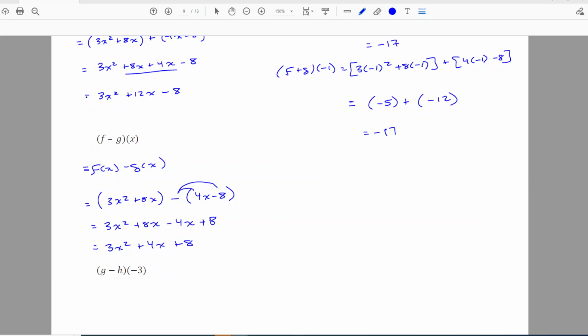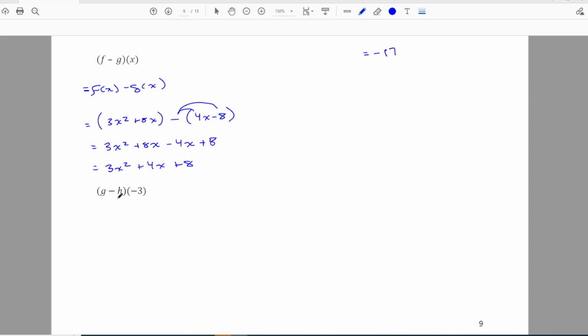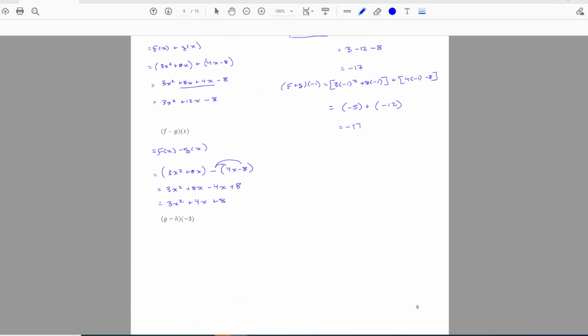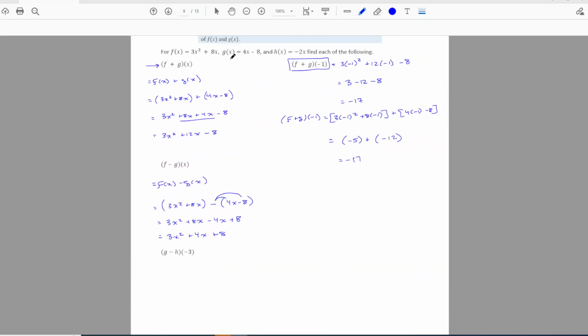And then lastly, you could be asked to do g minus h at -3. So A, we haven't dealt with h yet, and B, this is one where they haven't asked you to do the function of x first. So what you could do is find g at -3 and then take away h at -3. But I think what I would do is find g minus h at x first.